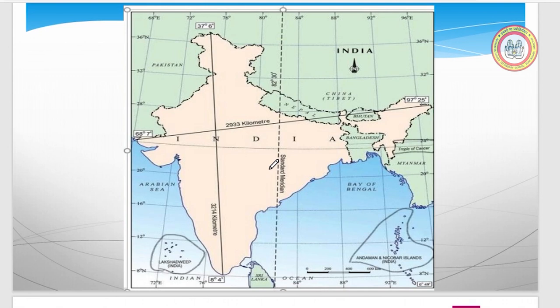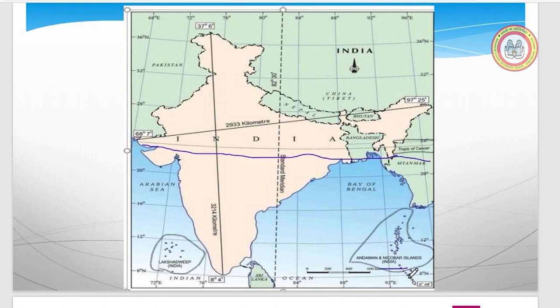India is divided into almost two equal parts by the Tropic of Cancer. Here you can see the Tropic of Cancer, the dotted imaginary line. It divides our country into near about two equal parts. It passes through the states of Gujarat, Rajasthan, Madhya Pradesh, Chhattisgarh, Jharkhand, West Bengal, Tripura and Mizoram.